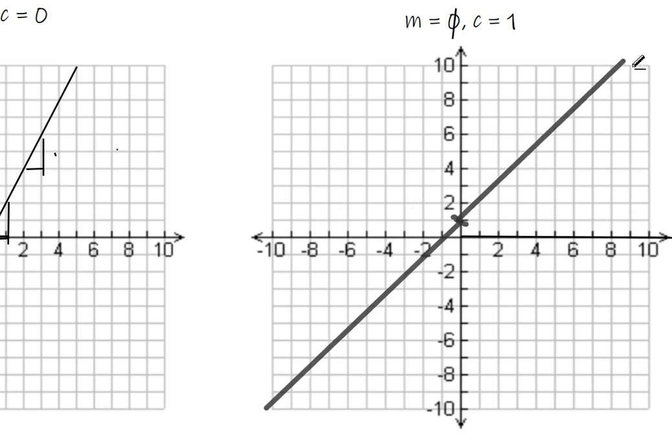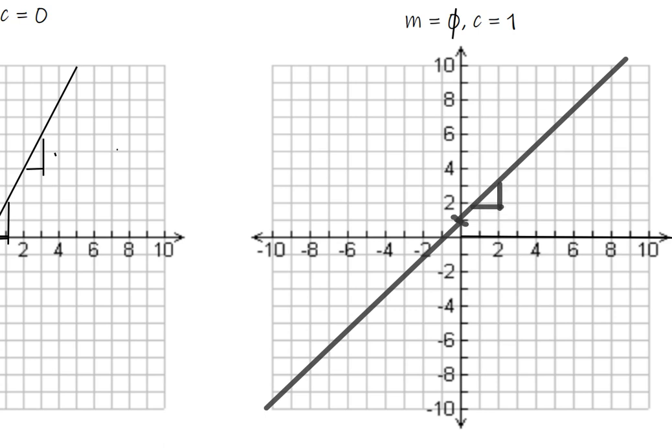It's not really straight, I'll make sure it's correct next time. But it's something like this. When you continue like this, going across by 1, you go up by 1. It's the same all the way along.